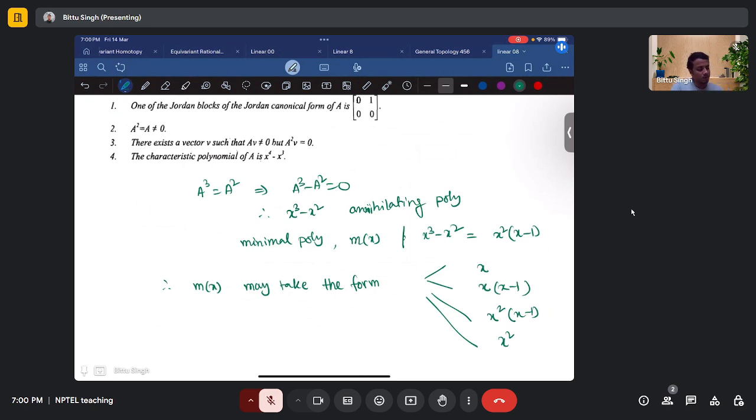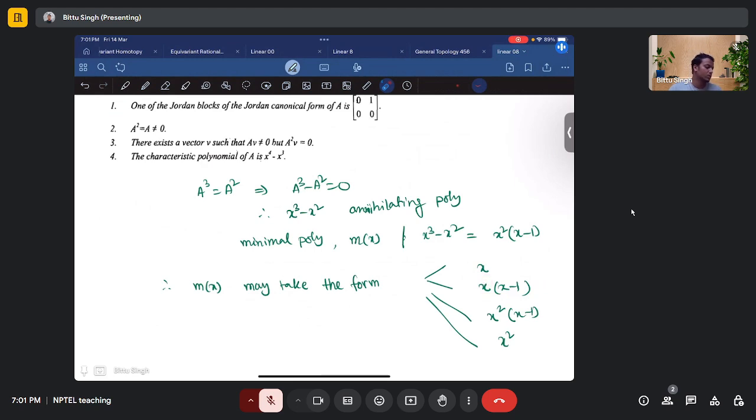So those are the only monic polynomials which divide this x squared into x minus 1.